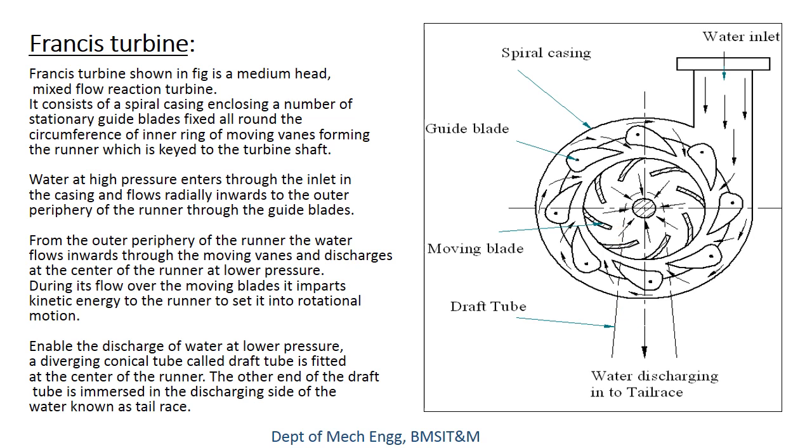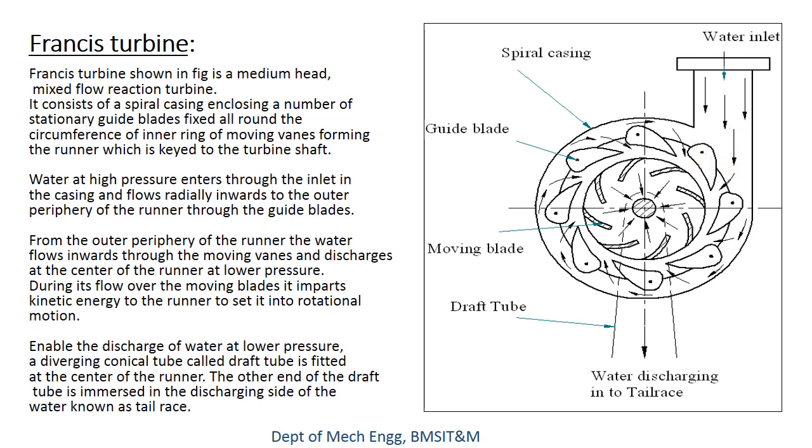Now let us see the working of the Francis turbine. Water from the reservoir flows through the penstock and enters the turbine at high pressure. This water is made to flow over these guide blades.